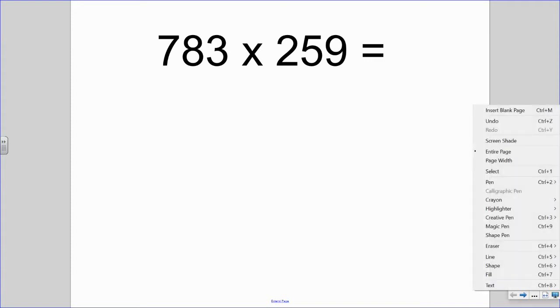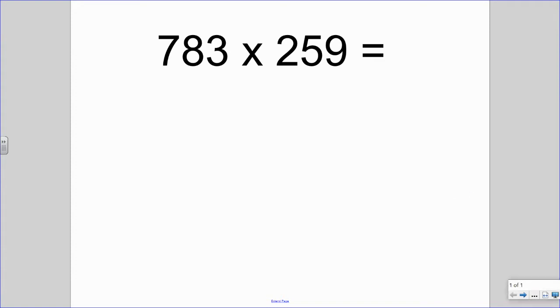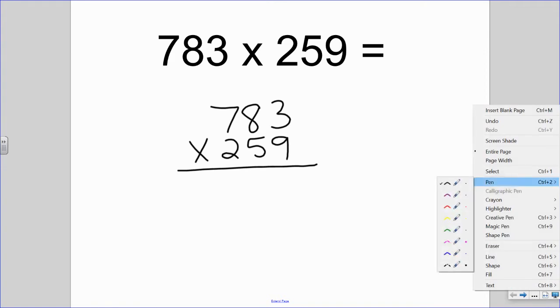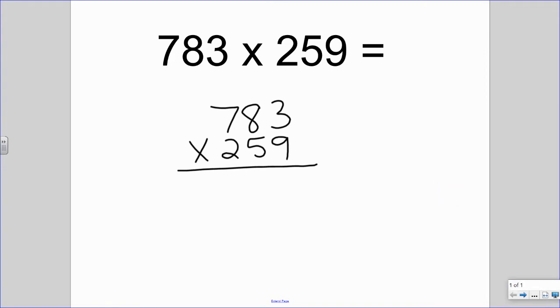All right, guys. So we know that when we moved from one digit to two digit, we went from one step to four. Now that we're going from two digit to three digit, we're going to be adding just a few more steps, believe it or not. But it's the same idea all the way across. So instead of having two different parts of our answer that we're going to add together, we're going to need three different parts.